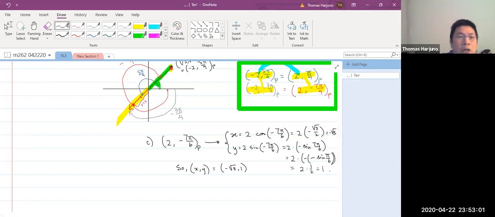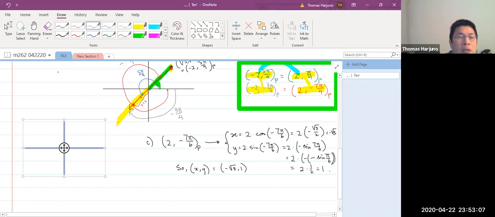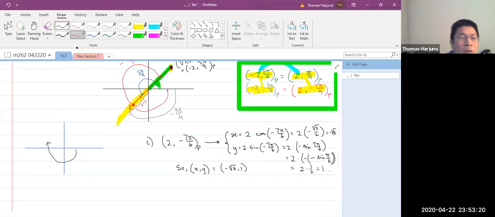Now, we can try to picture that, though, if you want. Let's see. The radius is 2, but the angle is negative 7 pi over 6. Negative 7 pi over 6 is quadrant 3 if you go backward. Right? So negative 7 pi over 6 actually gives us quadrant 2.